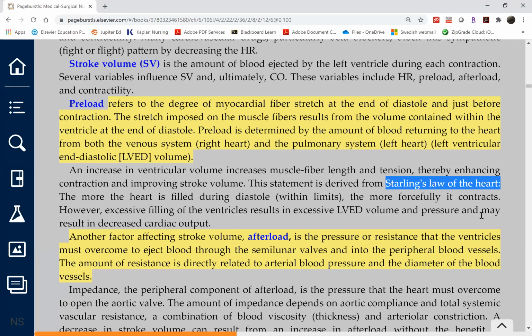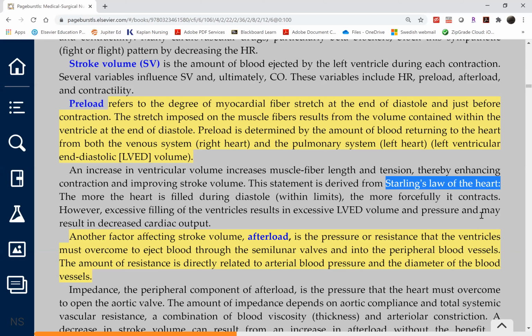Okay, so Frank Starling postulated about the stretch. His theory, which is now the law that we follow with cardiac management, is that the blood pressure is directly related to the amount of stretch of the ventricle, meaning the more you stretch the ventricles, the greater the resulting contraction.